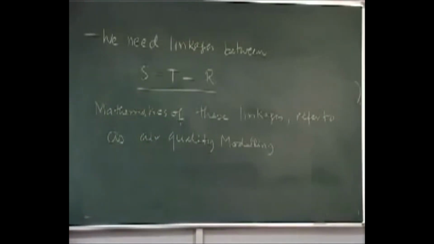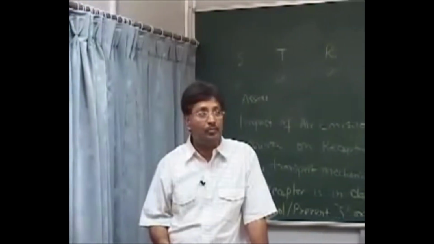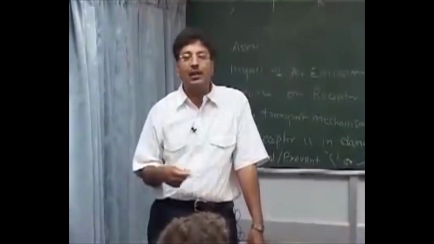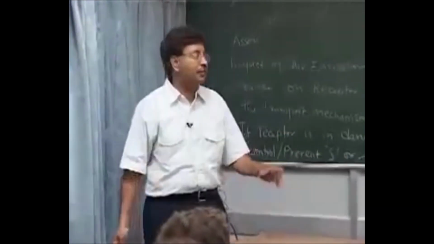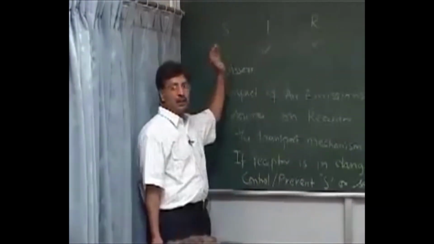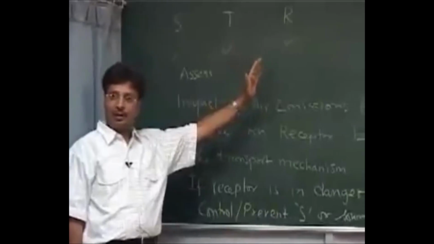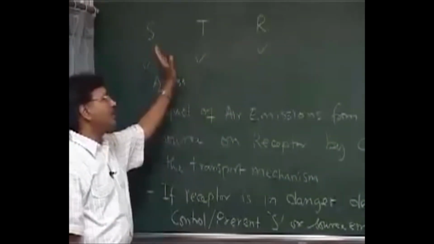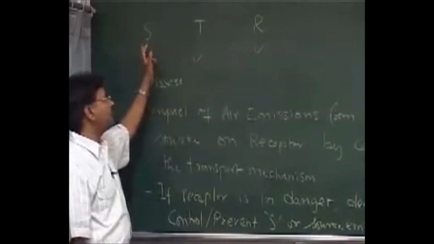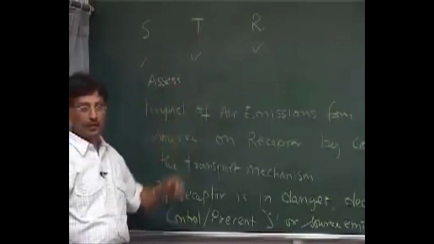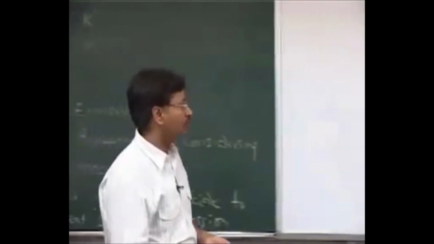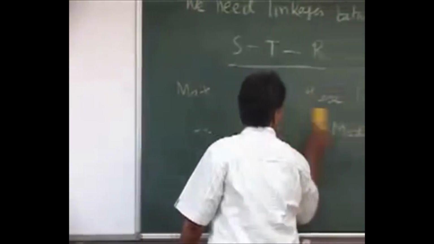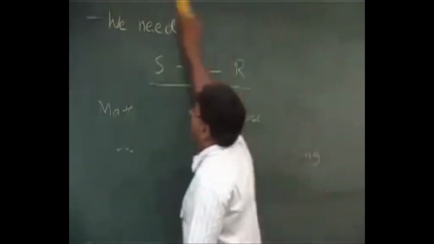That's what ultimately you want to answer this with. So we want to do the modeling part. We'll use the modeling and apply a little mathematics fundamentals, because physics fundamentals we understand, and we also understand the chemistry fundamentals. Now we apply the mathematics to get the linkages between source and receptor. So from now onwards we will be focusing on the modeling.